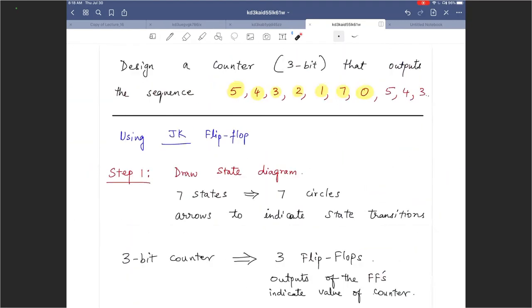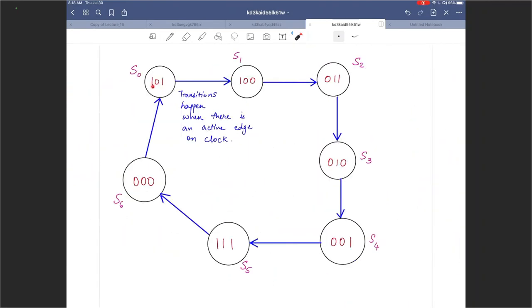Step 2 was, by the way, if it's a 3-bit counter, we need 3 flip-flops to do it. And the output of the flip-flops, that's what indicates the value of the counter. Because we have 3 values here, as you can see, 101, 110, 011, and so on, we would need 3 flip-flops to give us those 3 outputs.